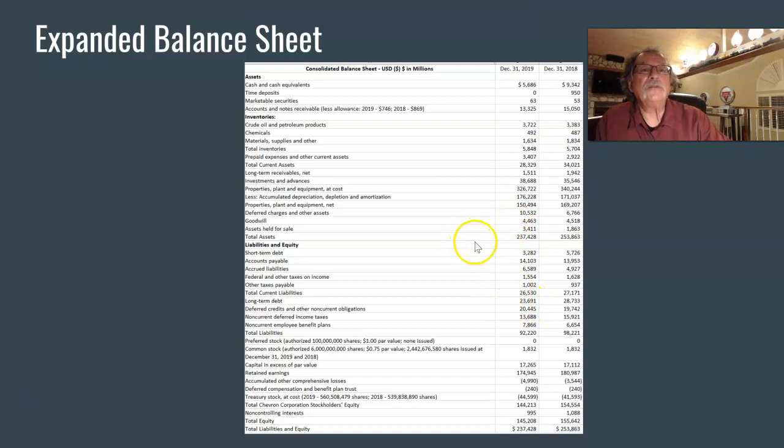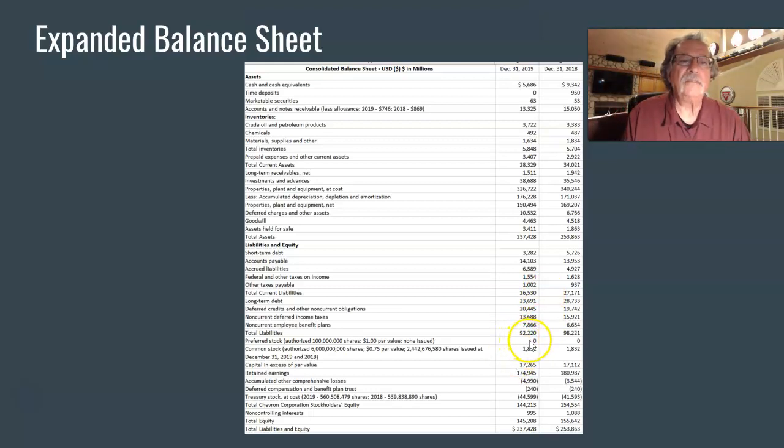That's not very much. We've got a company that's worth $237 billion, and they've got debt of $24 billion. About 10% of their assets are financed by debt. That's a very low number. Total liabilities of $92 billion.